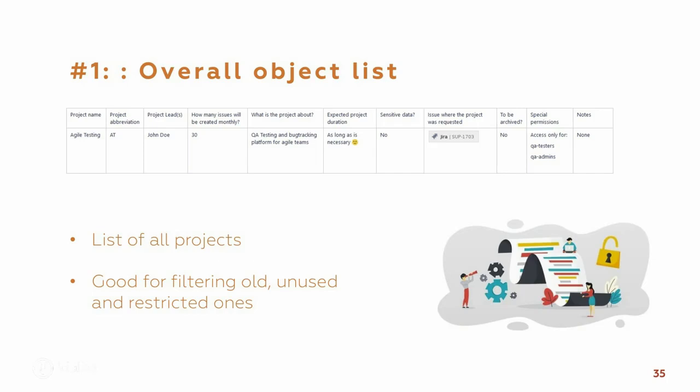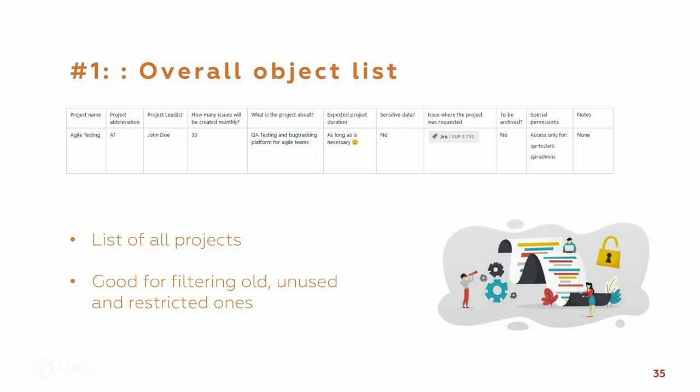Whether the project contains sensitive data makes sense in the information security sense, in that some companies often have restrictions on what type of data you can actually add in Jira, right?